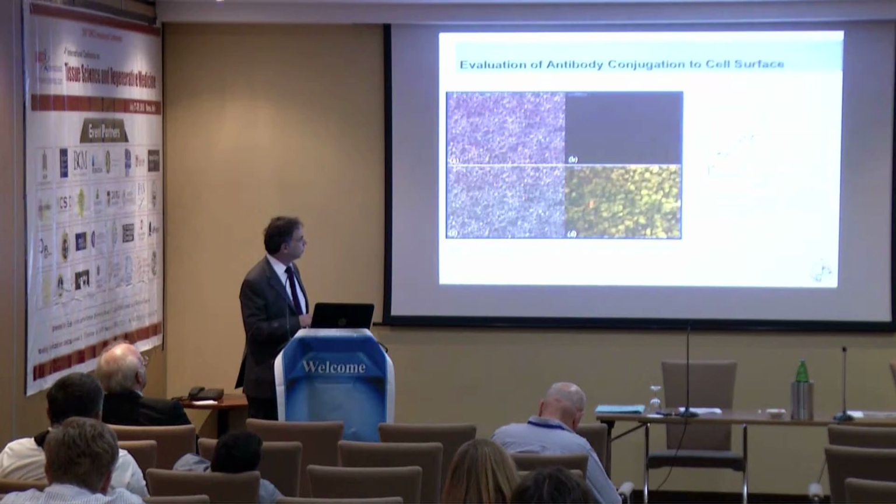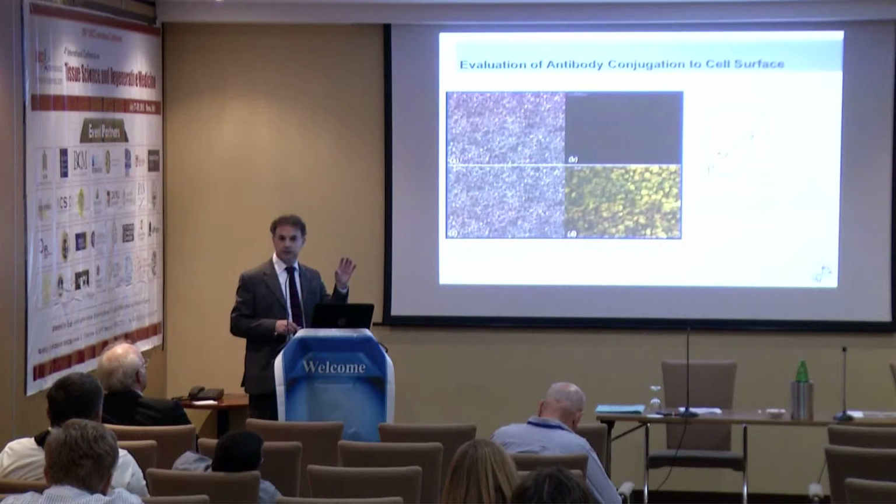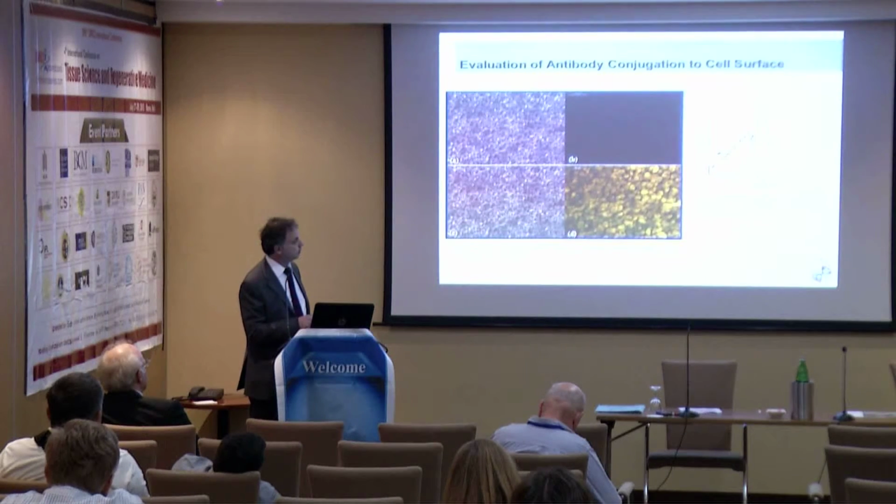And the lower picture shows the conjugation of an antibody that also has a FITC label. And you can see that the cells fluoresce, meaning that an antibody that has a FITC molecule is over the cell surface. In the flow cytometer, you can see also that the cells have a FITC molecule.